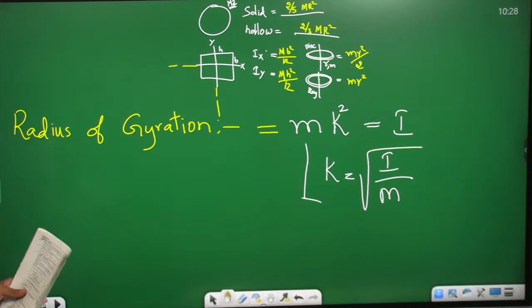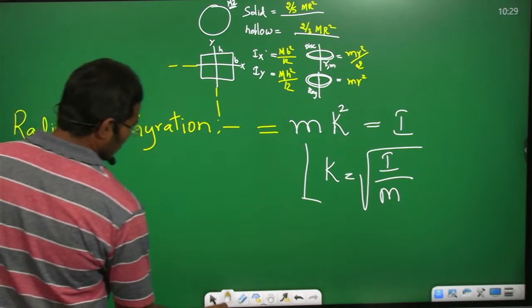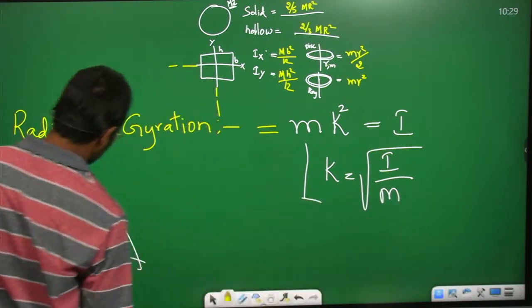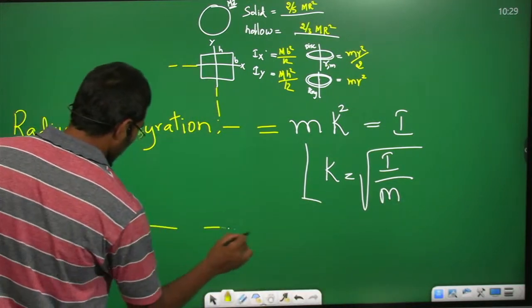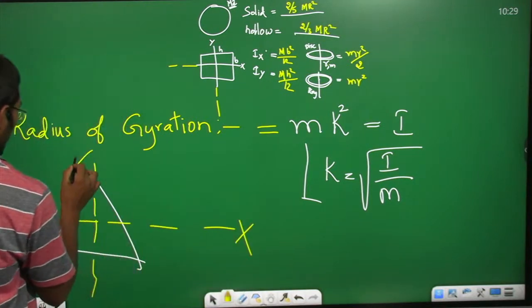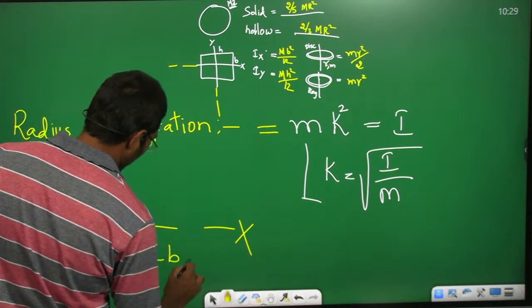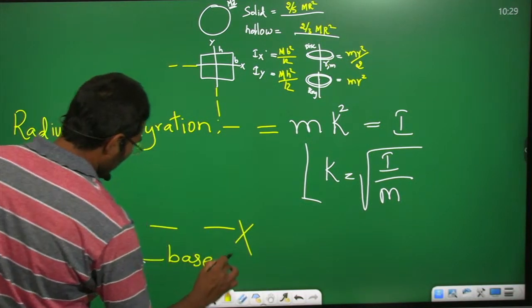See, what all bodies do we have apart from these three to find moment of inertia? How about a triangle?